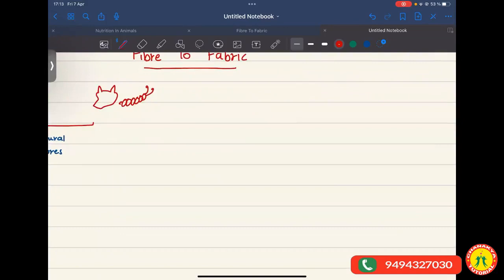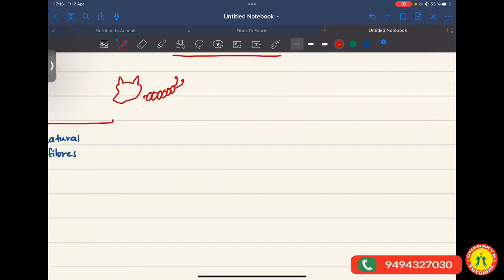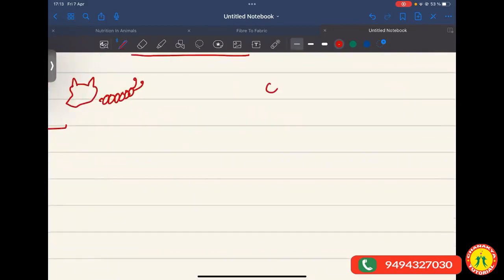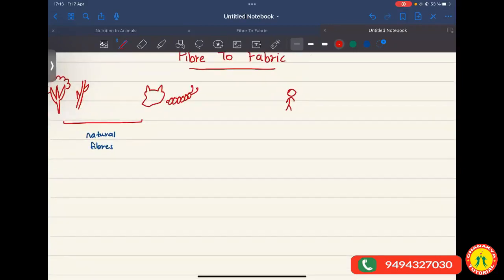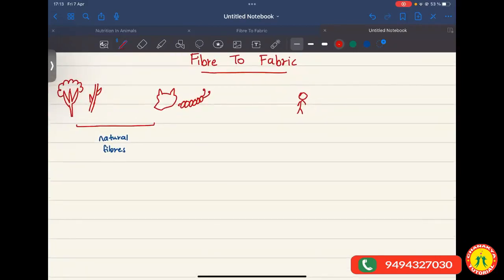Whereas the fibers made by human beings, where we add synthetic material, coloring and chemicals, are not naturally obtained. The ones that are man-made are known as synthetic fibers.